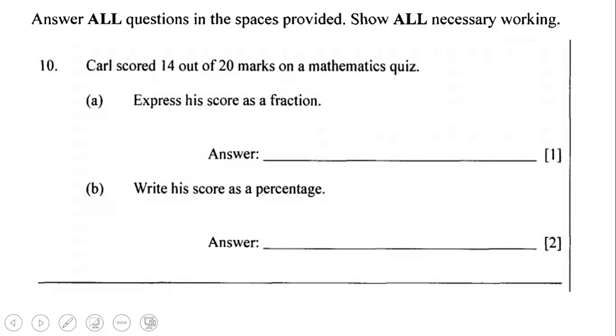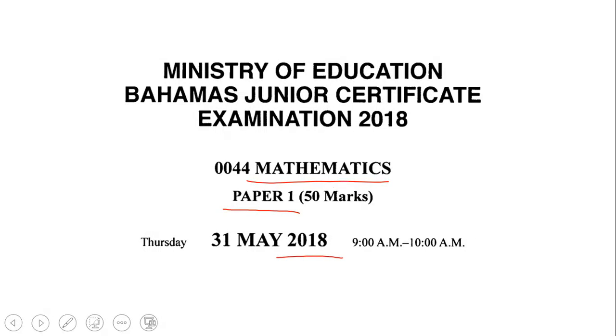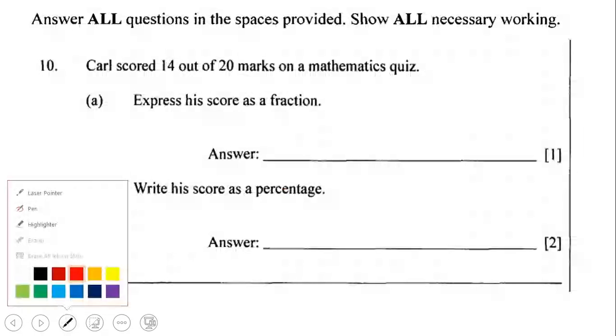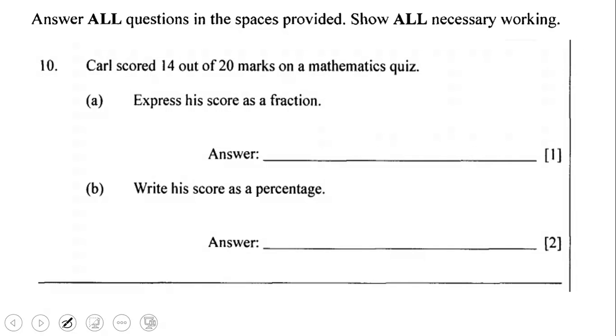All right, now that you have attempted this question on your own, let us deal with this question together. Question 10A says express his score as a fraction. Note that a fraction has a numerator, that's the number on top, and a denominator, that's the number at the bottom.